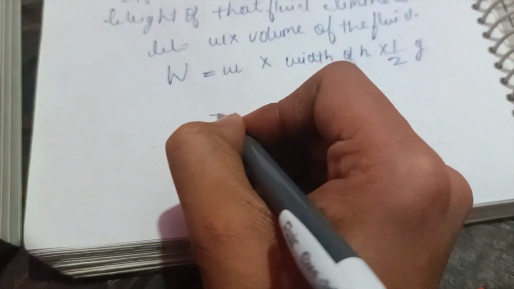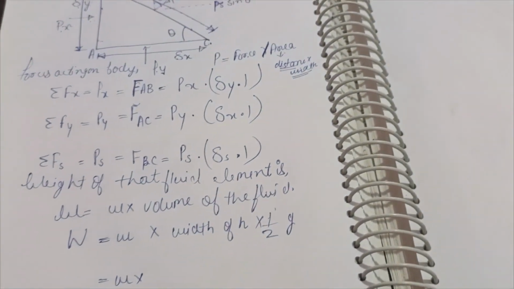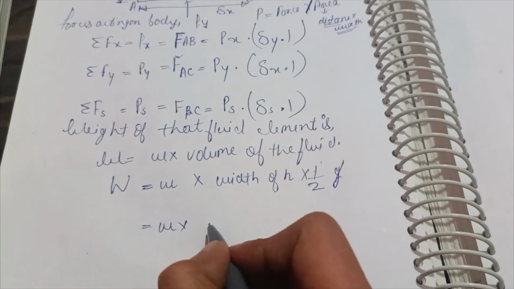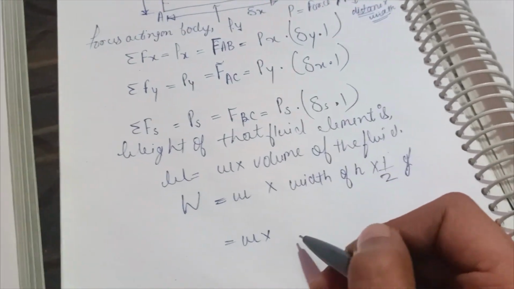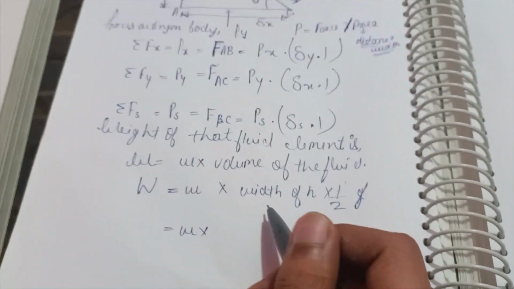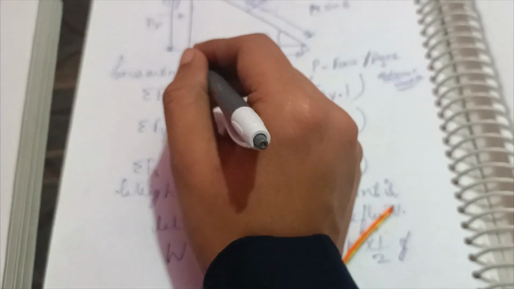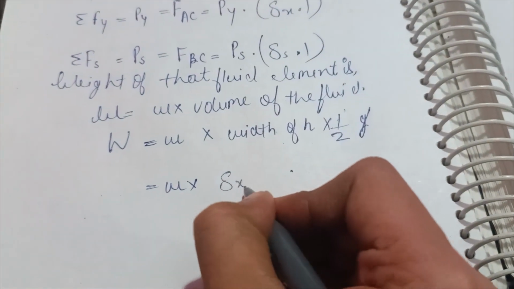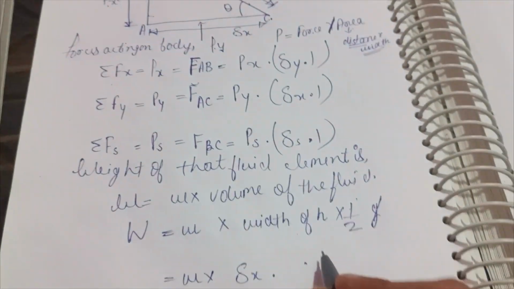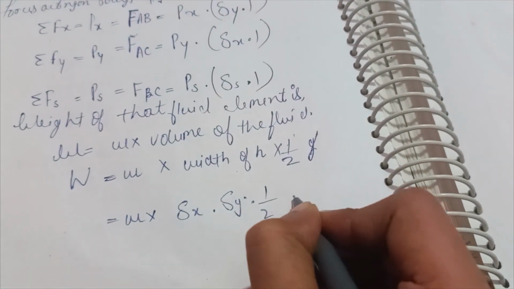So small w, which is the specific weight, and the width is delta x, and the height is delta y, and half is half.